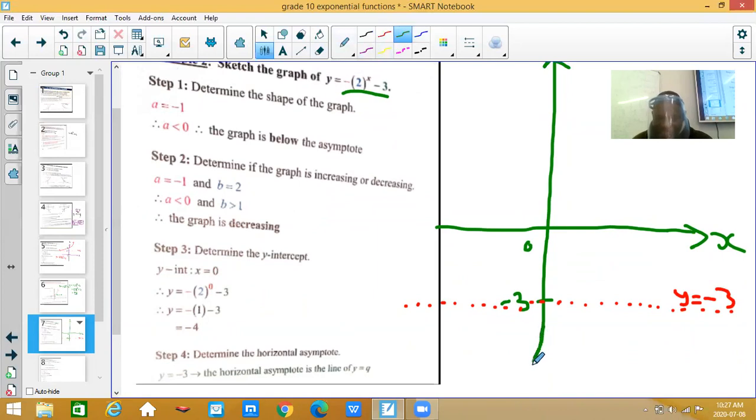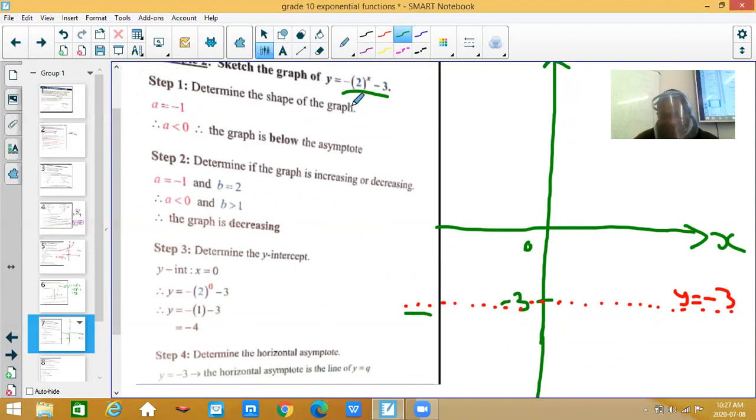The fact that it is negative means our graph is not above, it will be below. Now, since it is below, our graph could be something like this or like that.